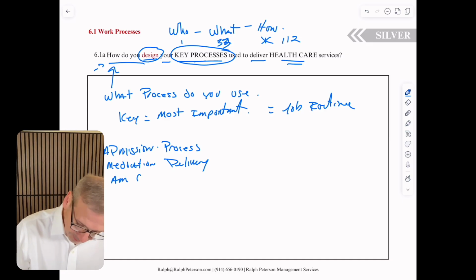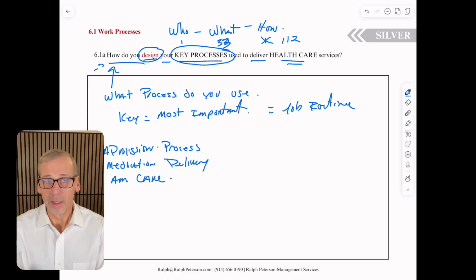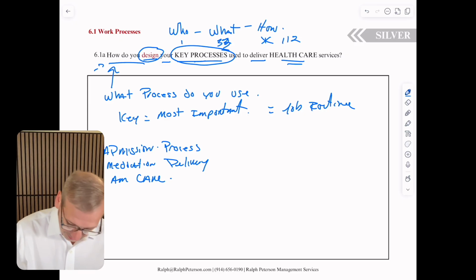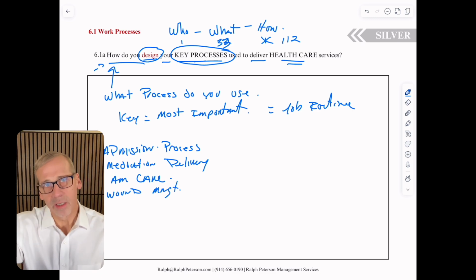AM care is a key process we use to deliver healthcare services. Wound management is a key process we use to deliver healthcare services. You're seeing this, I hope. I hope you're understanding this.